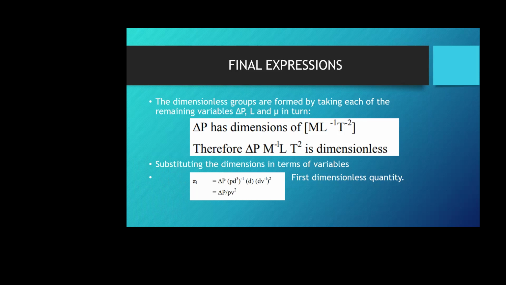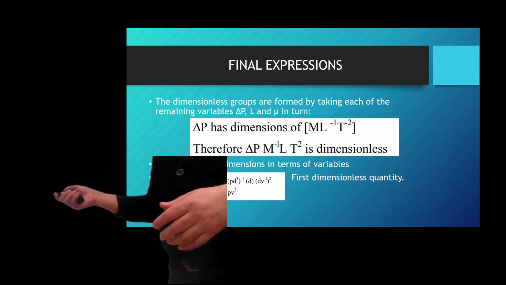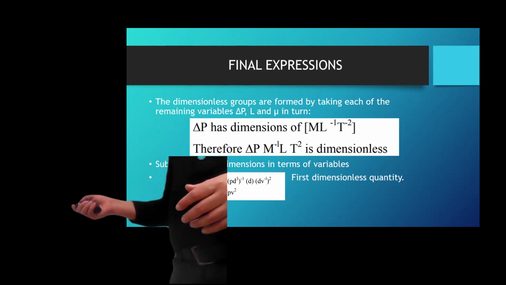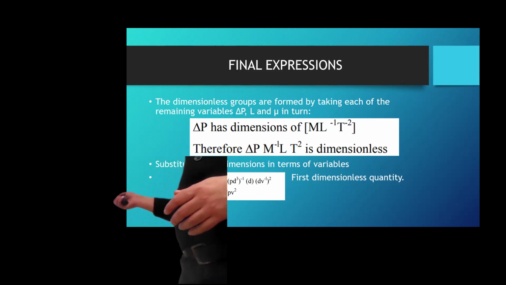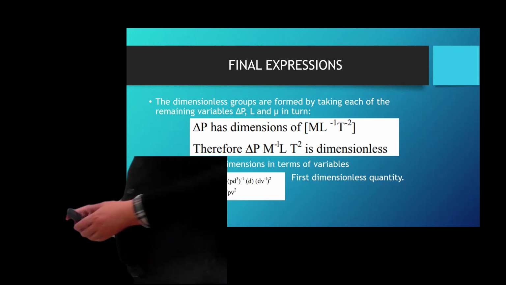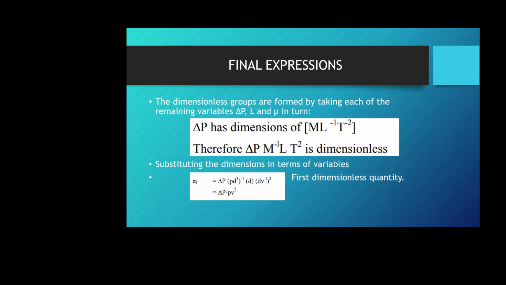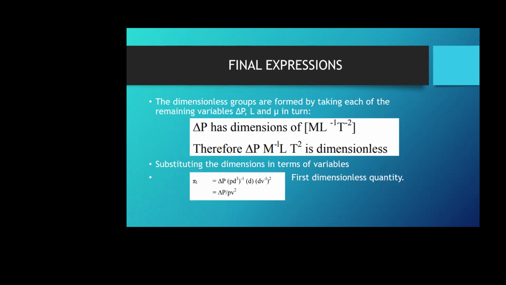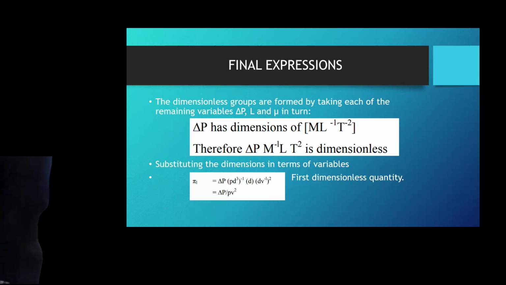You can see M is P D cubed, L is D, and T is D divided by V. So at the end, you obtain this expression. The first dimensionless quantity is delta P divided by P V squared. Remember M? M is P D cubed, so M to the minus 1 is (P D cubed) to the minus 1.